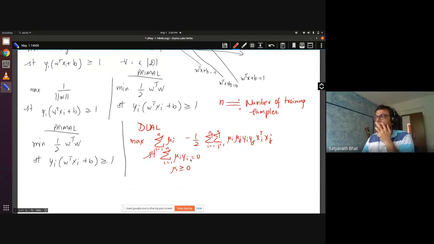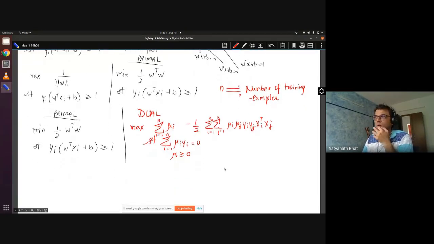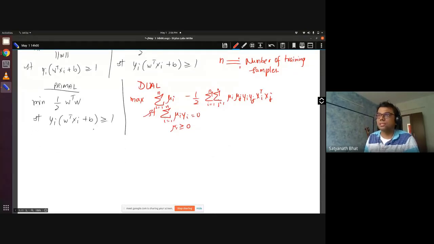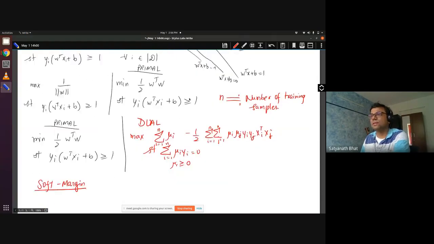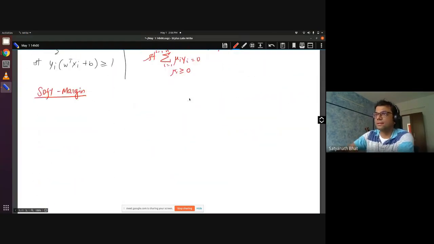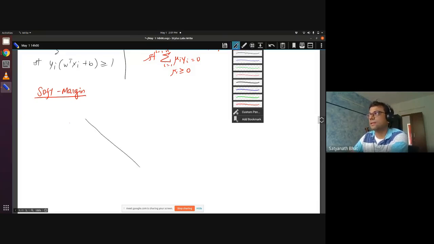Now, yesterday we also saw that we can look at what is called soft margin SVM. The idea there is, okay, this diagram is not very neatly done, so let me do it once again. Let's say we have these lines.